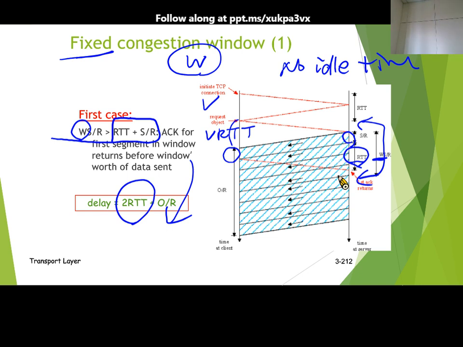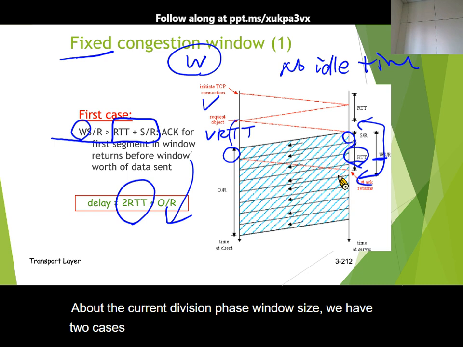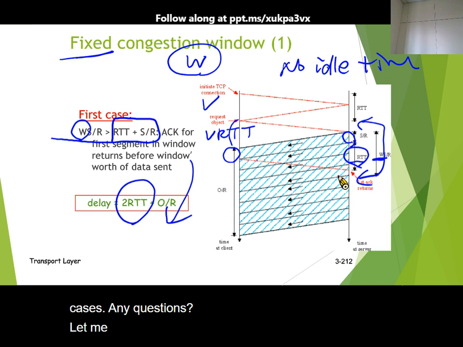So first of all, about the current derivation, fixed window size, we have 2 cases. Any questions? Let me check. Ken? Okay.